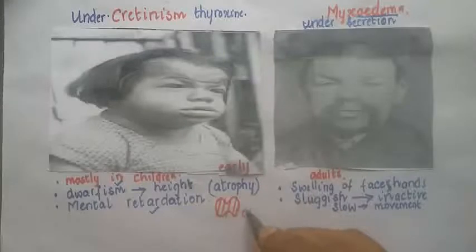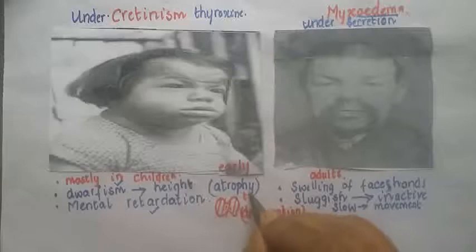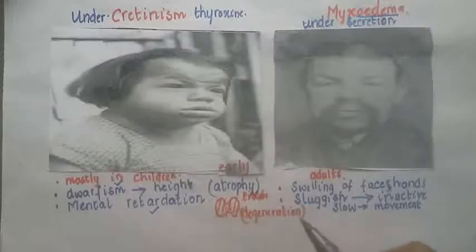Atrophy means degeneration. What is the meaning of degeneration? When the cells or the tissue of the thyroid gland start breaking down, we call it degeneration.